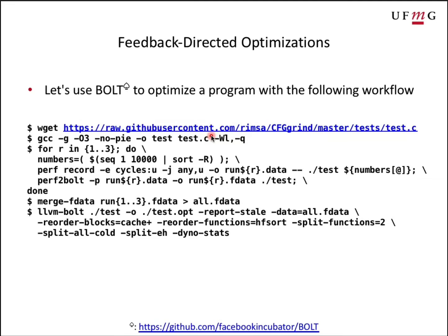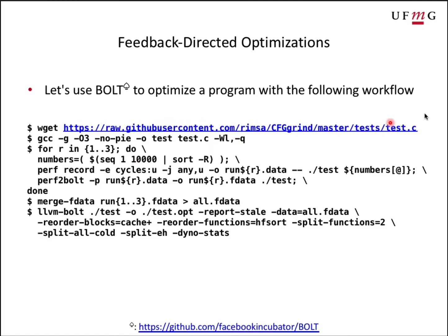BOLT, for the people who don't know what it is, is a link-time optimizer. So after the program is compiled and linked, it can be optimized at the binary level. So we need to compile with this flag, but once the binary has relocation information, we can use BOLT without a problem.